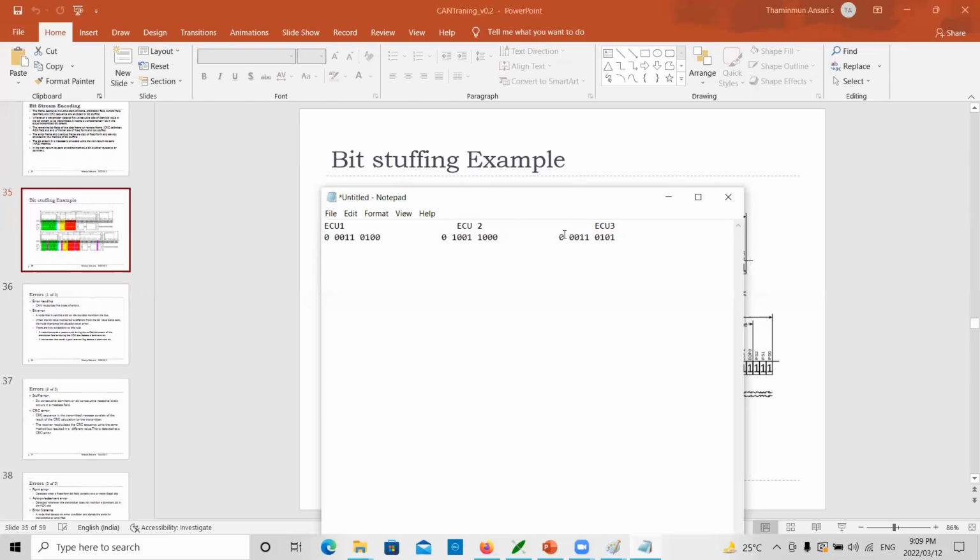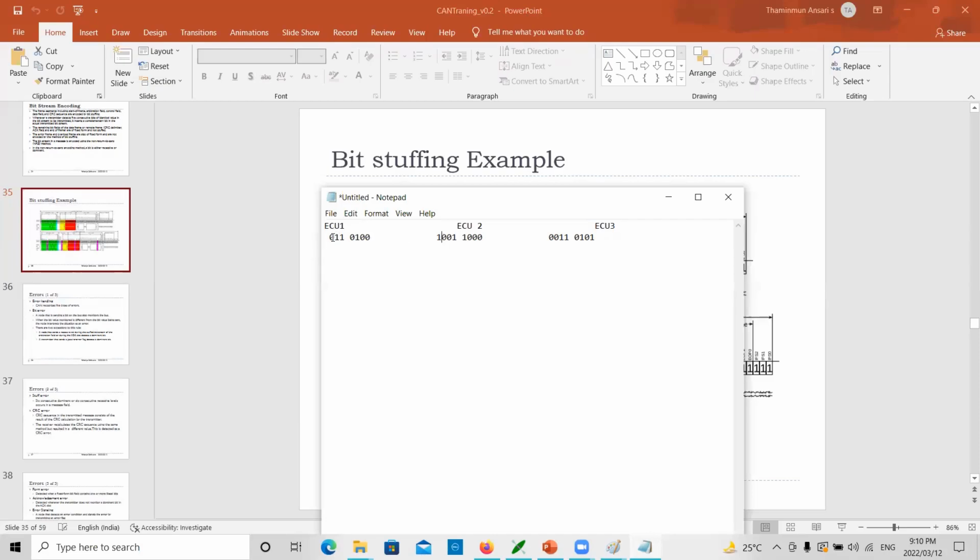Again, they are equal, so they go for the next level of fighting. Again they push bits, and there is no winner. But now this one pushes 0, this one has 1, this one has 0, this one has 1, and this one has 0. What will happen when you have 1? You have to wait. You lost the bus. Why?